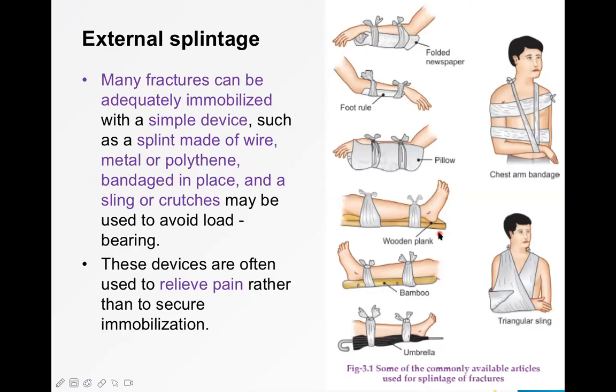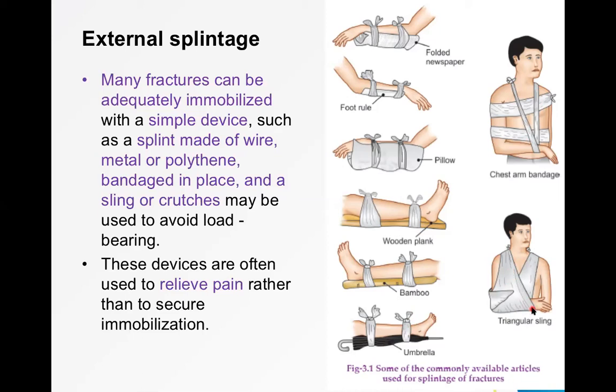A wooden plank can be used, a very good way of splinting. A bamboo stick can be used. An umbrella also can be used if nothing is available. And this is called a sling. This is another example of a sling, which is called a triangular sling because of the appearance.